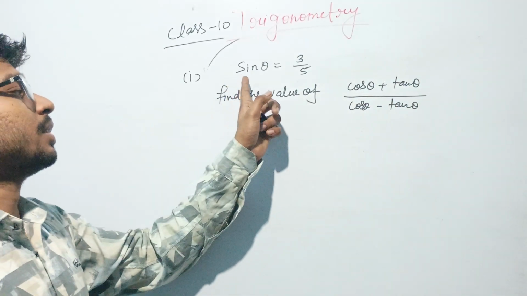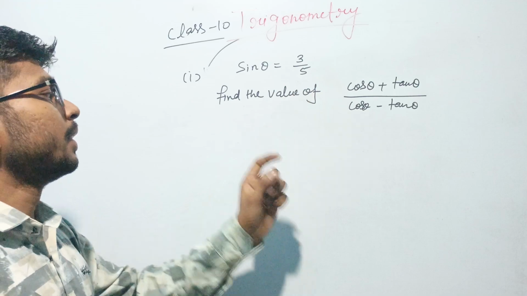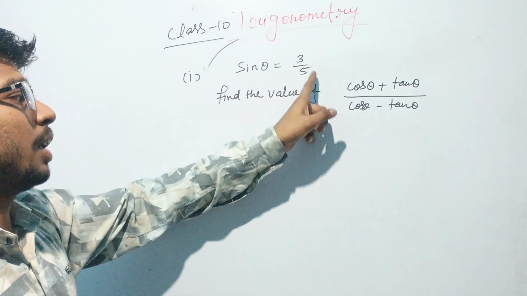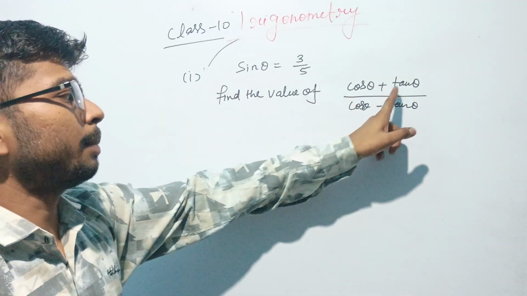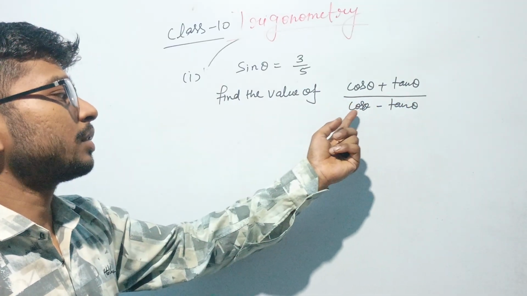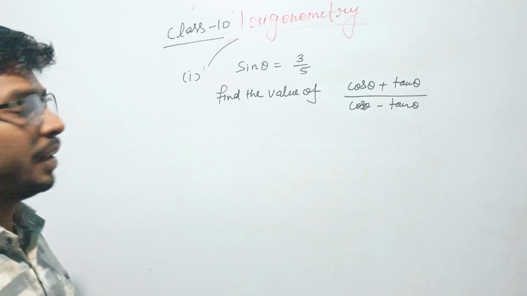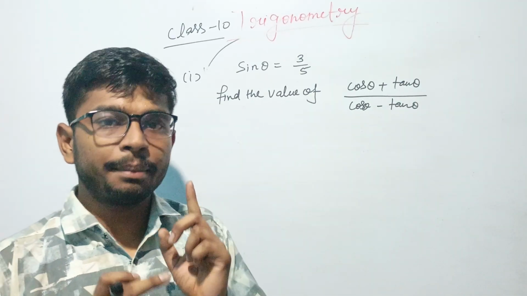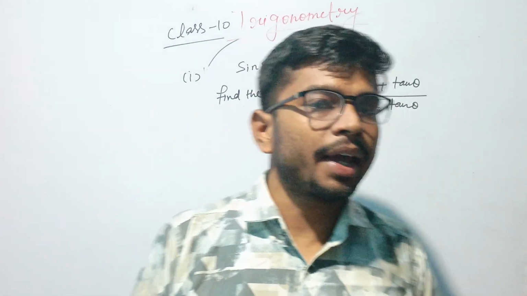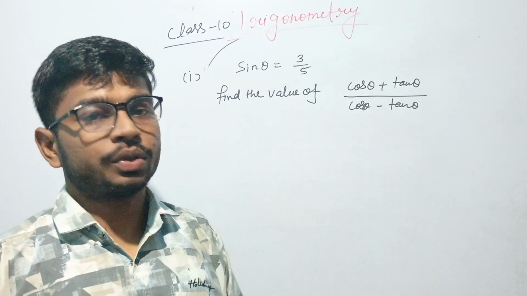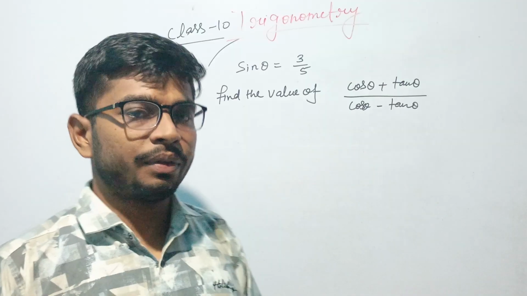Earlier, in the second type, we found the single values separately. Now they are giving an expression, so we will find the value of this expression.